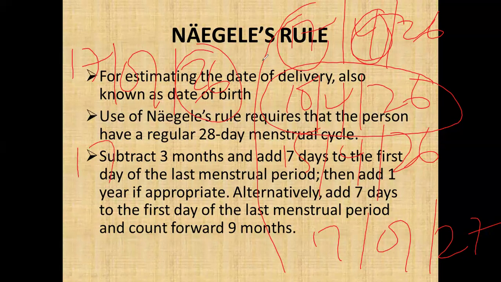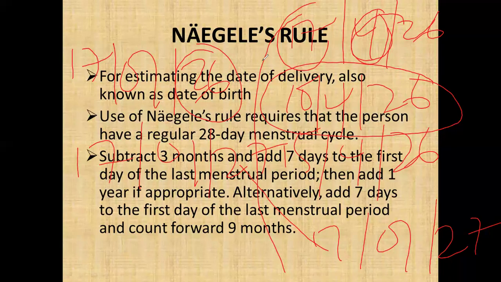So that will give you 17th January 2027. So you realize that both of them give you the same answer. When you use the first scenario, you have to add 1 year to the year, in quotes, if appropriate. You have to check to see if there's a need for you to add.